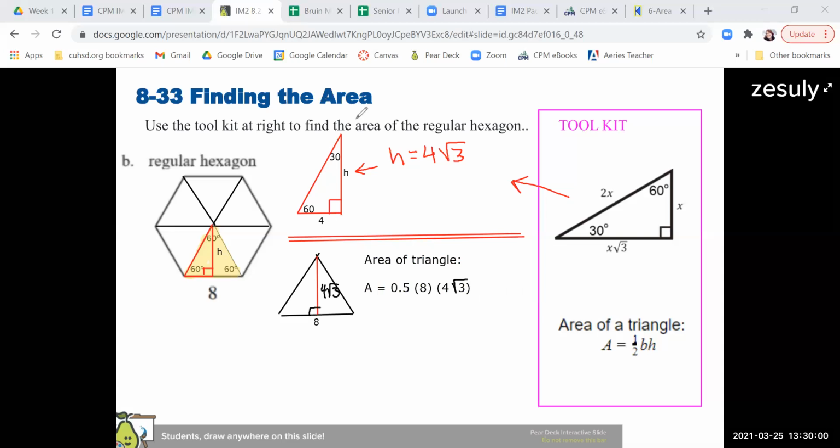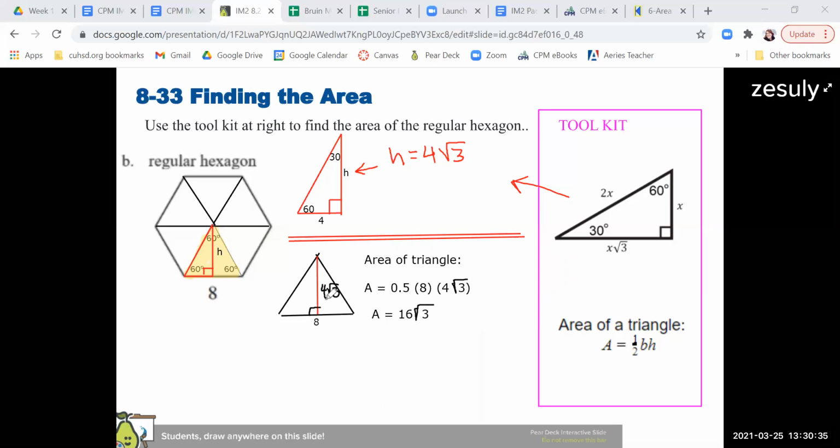Now I have A equals 0.5 times 8 is 4, and 4 times 4√3 is 16 times the square root of 3. 16√3. That's the area of the yellow triangle.